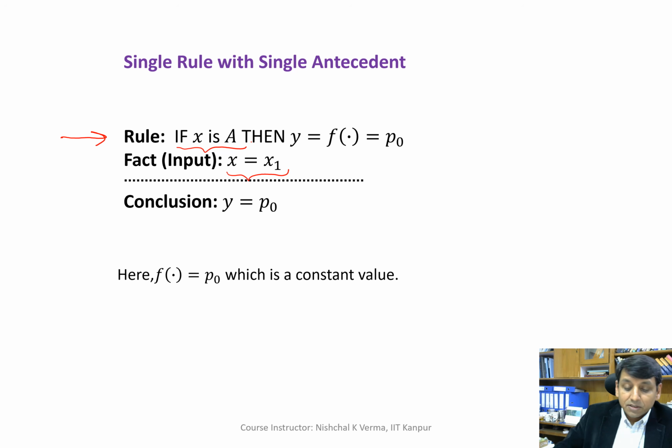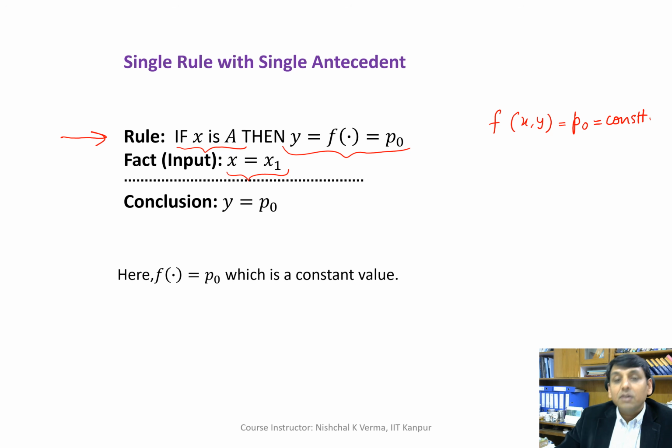And then we have the consequent part, f of x comma y, which is P0 here, a constant value, meaning it does not depend upon the input generic variables.